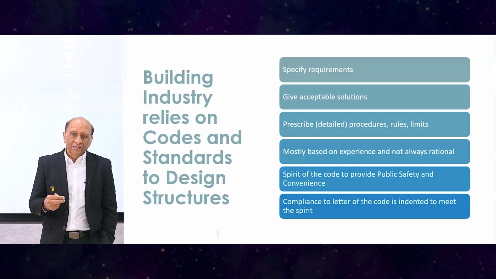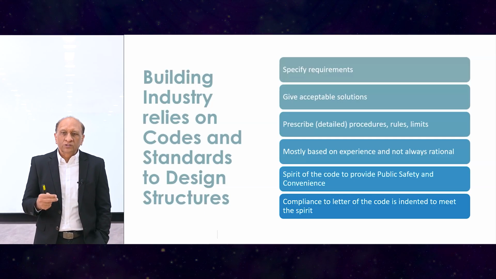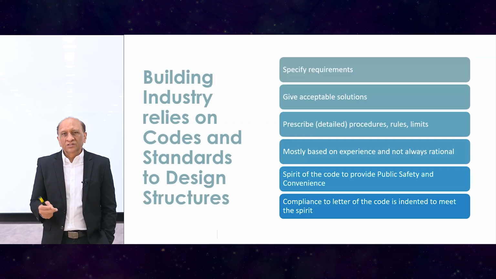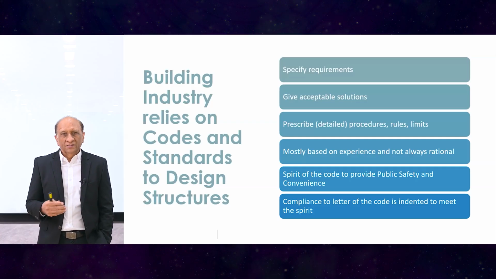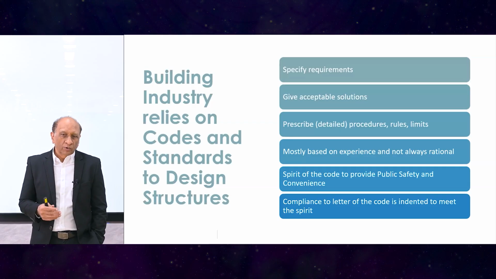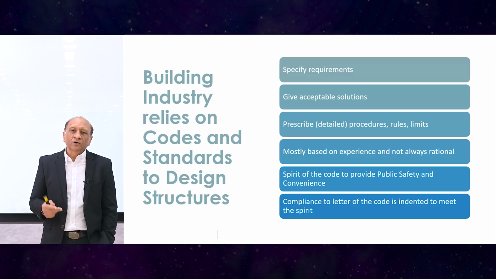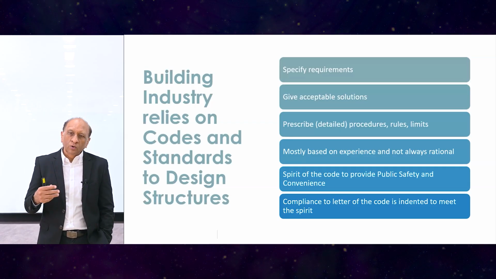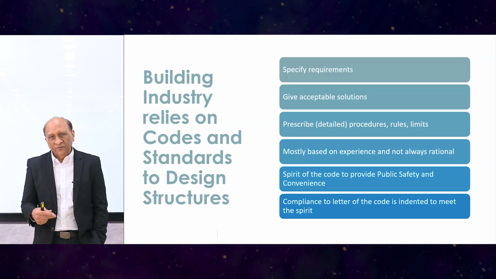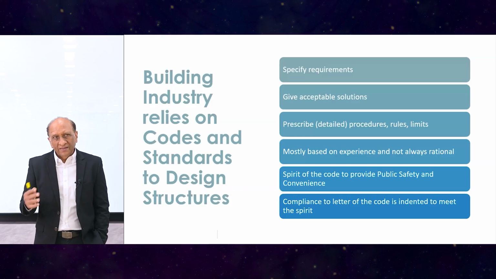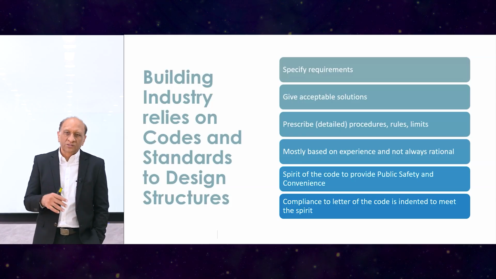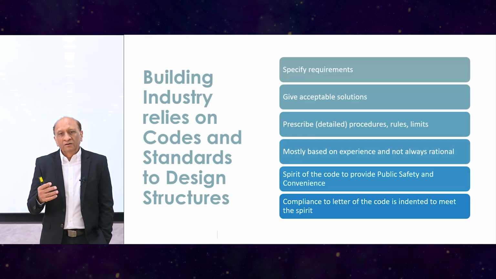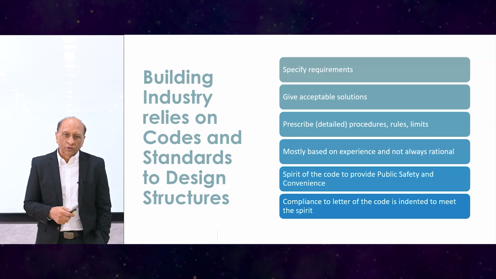One of the reasons is that they are trying to generalize for a large number of structures, for a large number of engineers, in a variety of conditions. So it's not always possible to be very specific, to be very detailed. Many things have to be rounded off, generalized and averaged out for these codes to be followed.